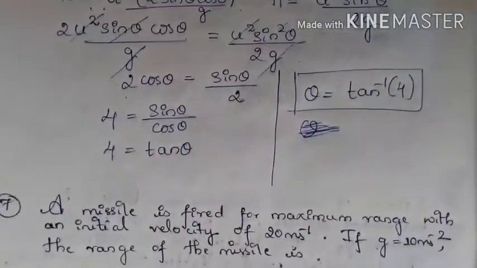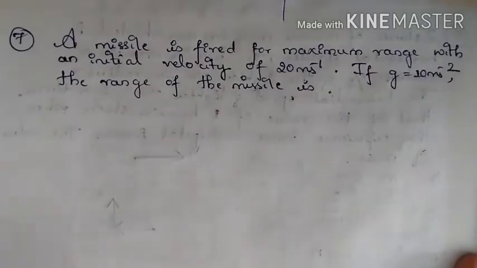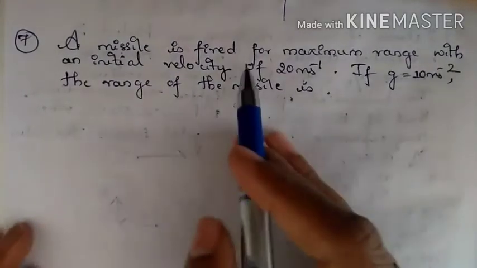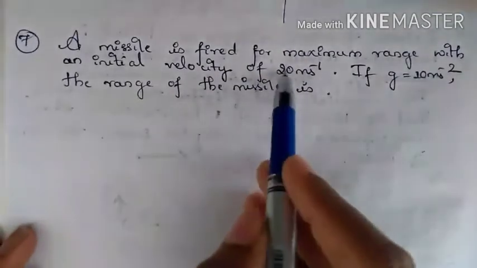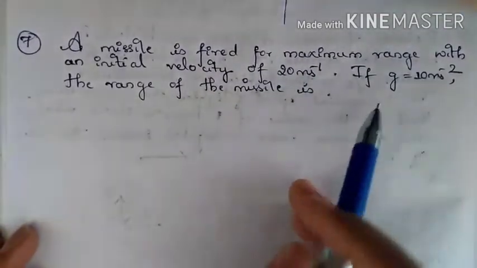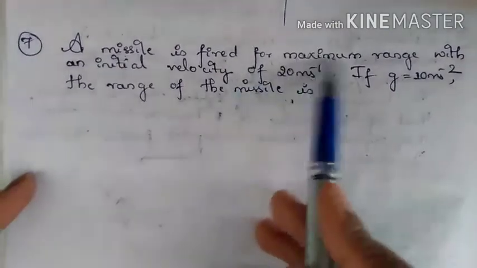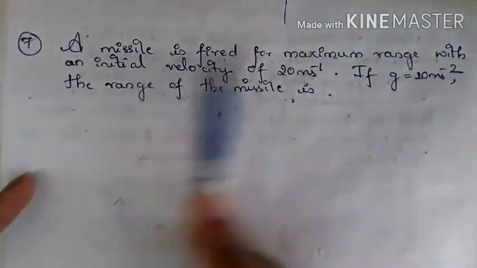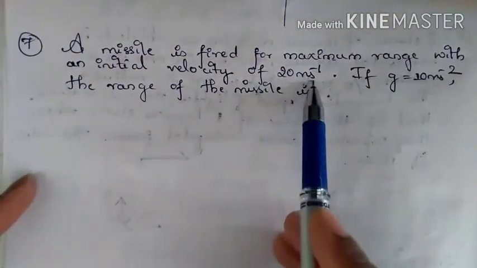Now let us move to the 7th question. A missile is fired for maximum range with an initial velocity 20 meters per second. So a missile is fired, the maximum range is there, and the initial velocity is given as 20 meters per second.